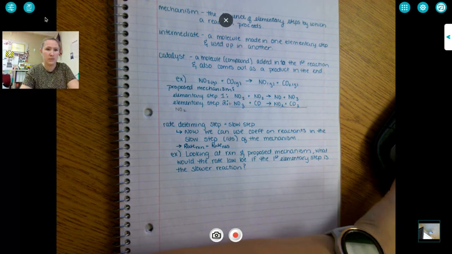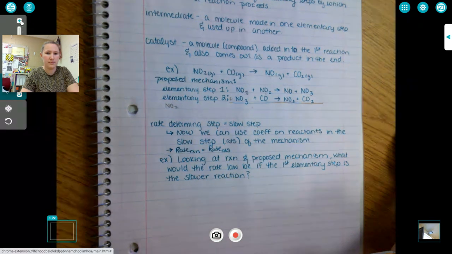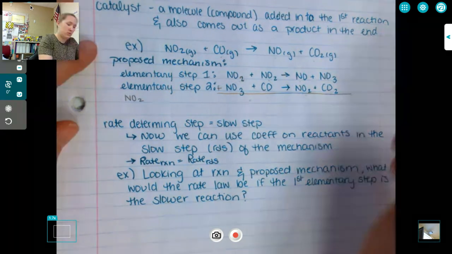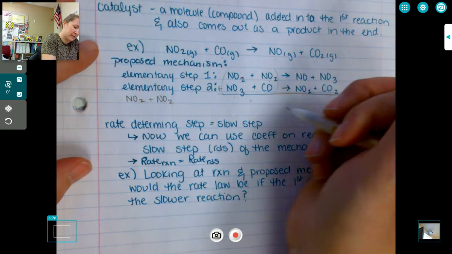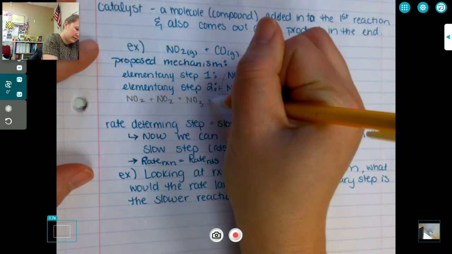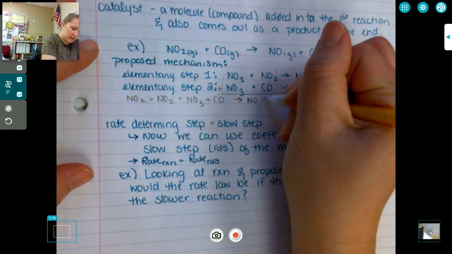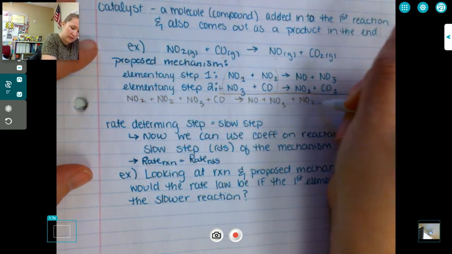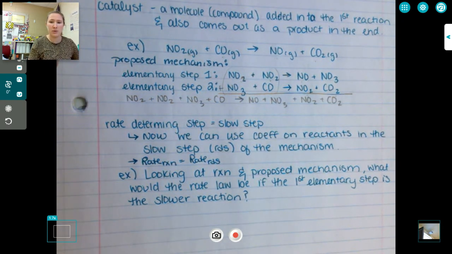So I have NO2 plus NO2. I'm going to put all my reactants on the reactant side, plus NO3 plus CO makes NO, NO3, NO2, and CO2. So I'm going to cross off things that are the same on both sides.